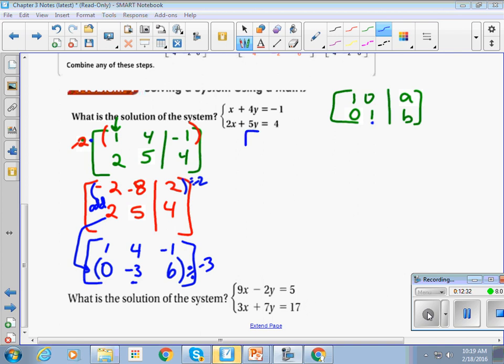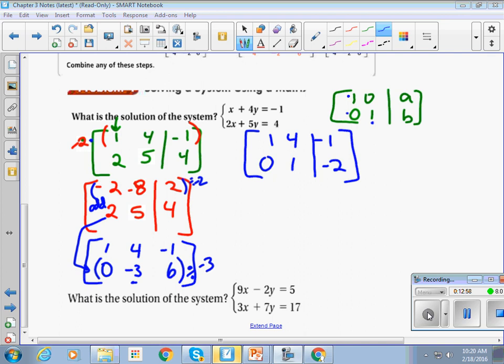My top one stays the same because I'm not doing a row operation on it. And then my bottom one becomes 0 divided by -3 is 0. -3 divided by -3 is 1. And 6 divided by -3 is -2. So now I've got a 1, a 0, and a 1.